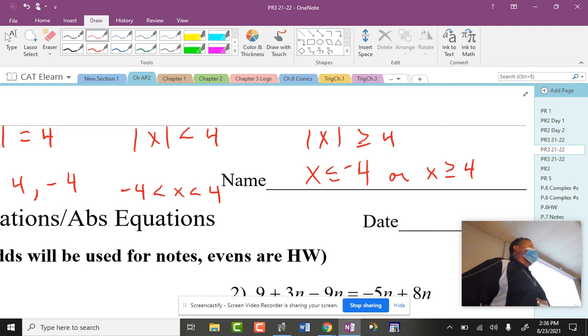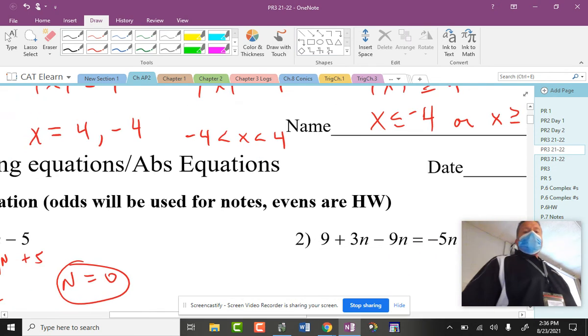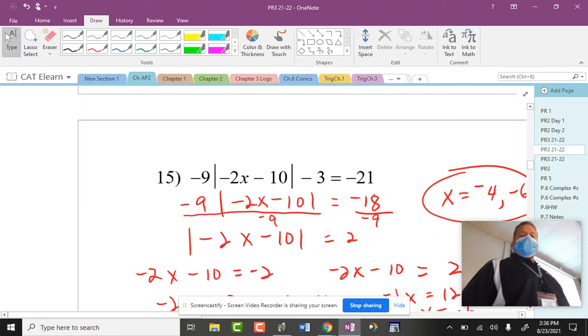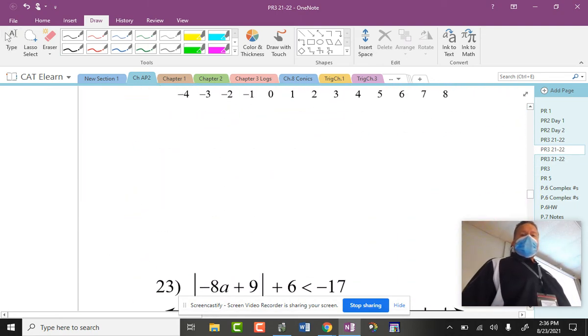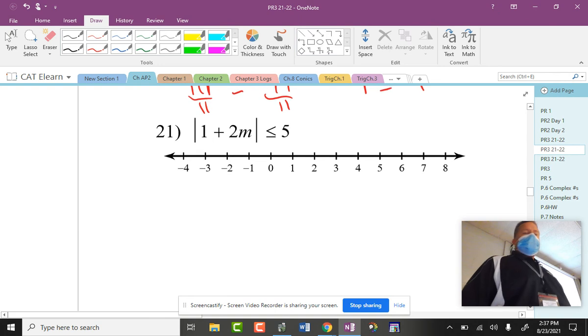You could have gone forever: 4, 5, 6, 7, 8, 9, 10, 11, 12, 13, 14. And then we could have done decimals: 4.1, 4.2. It goes forever and ever. So I want you to understand that this is not just going to be 2 answers. You actually have an infinite amount of answers.